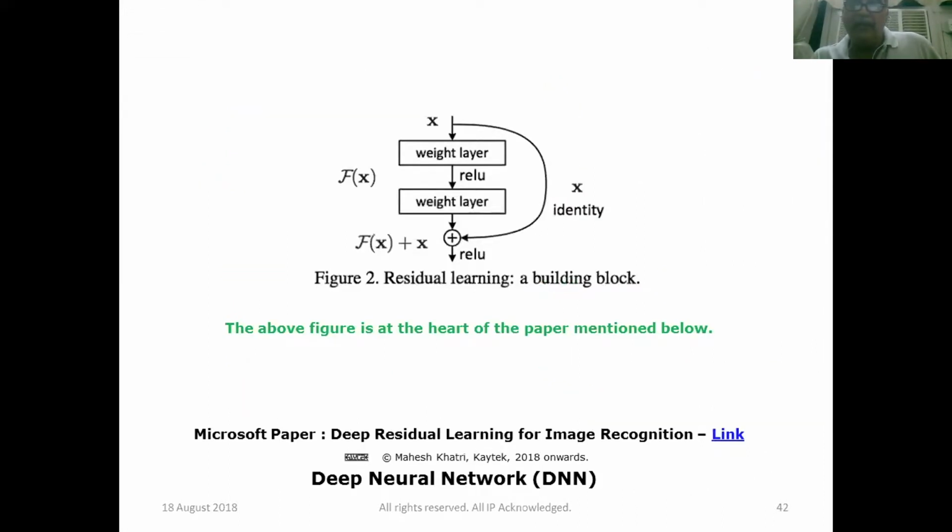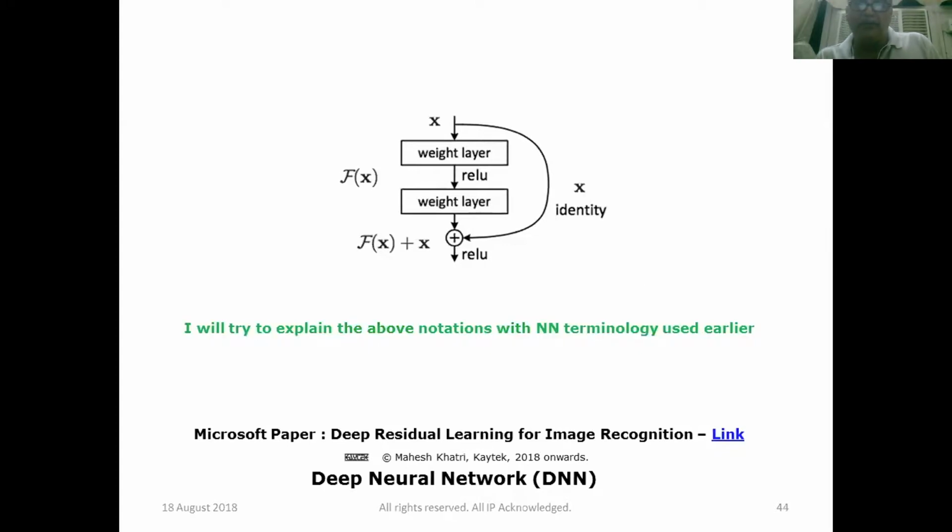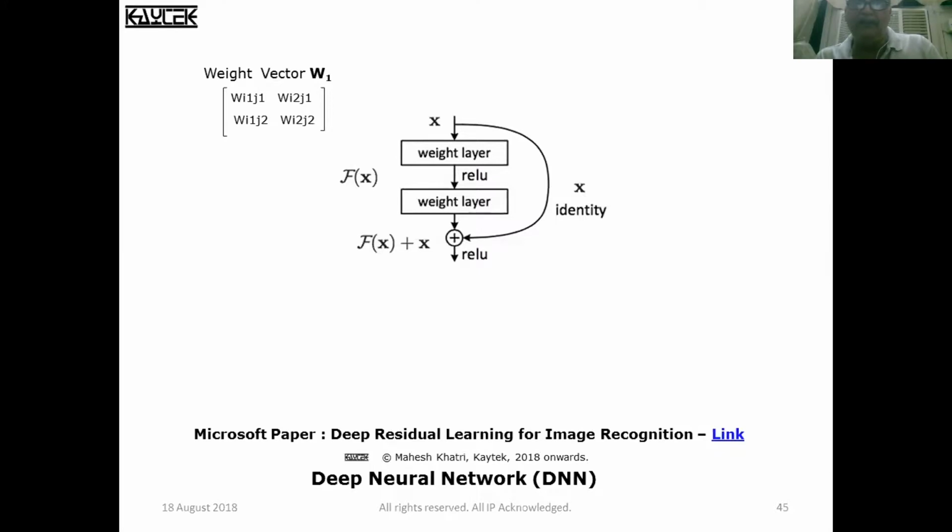And then coming back to this particular diagram, which is at the heart of the paper. I could not find any paper or any resource which explained the above terminology on this particular block, with respect to the weights, the biases and the inputs. So essentially, this is the weight vector that I have indicated earlier.